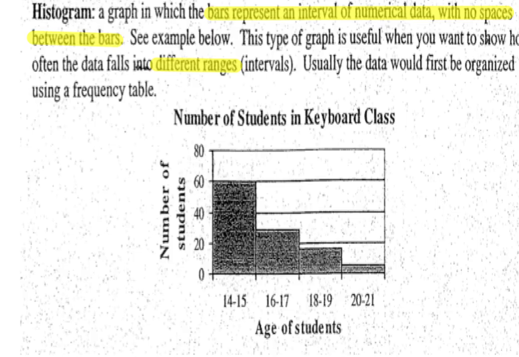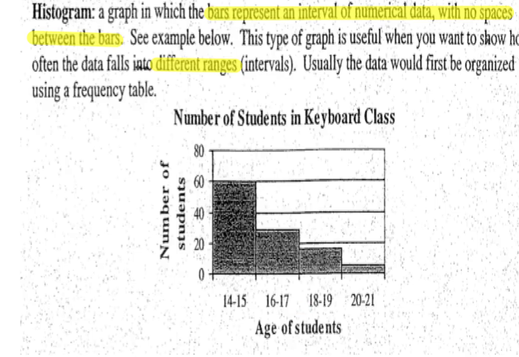Skylar? There's numbers on both sides, one for the number of students and then the age of the students. Okay, so there's numbers on both axes. Leo, add to that. The age of the students are two ages instead of one. Yeah, so this is our first major difference between bar graphs and histograms. At the bottom on the x-axis, we have these ranges of numbers that are called intervals.